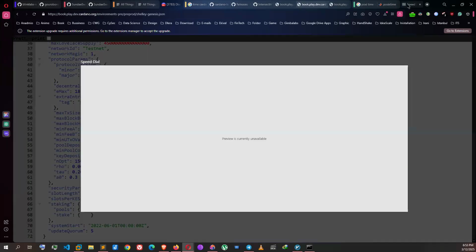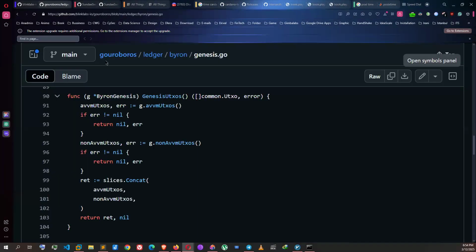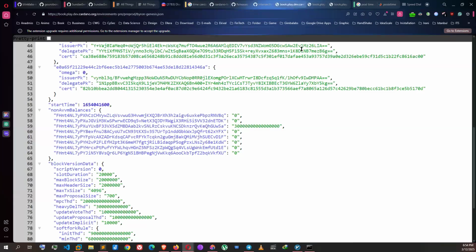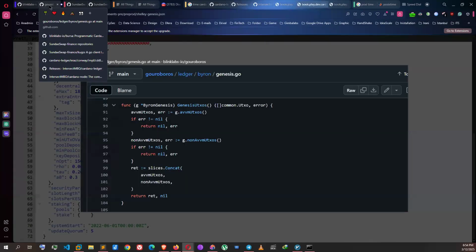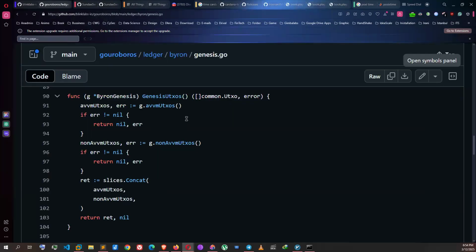Not really sure, but I'm thinking, how does all of this fit to the current Plutus Haskell Cardano node we are using? How do they sync to each other and work together? And Goroboros right now, is it still something like a simulation, or can you create a smart contract on it with the Go language?